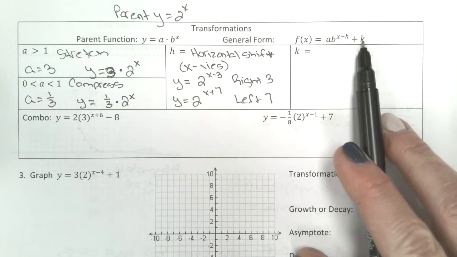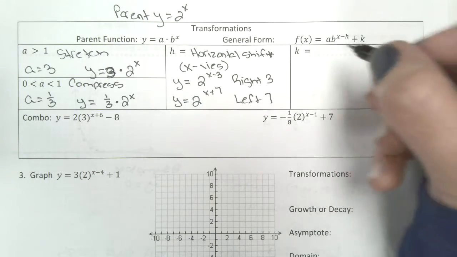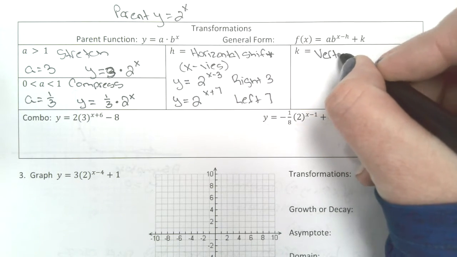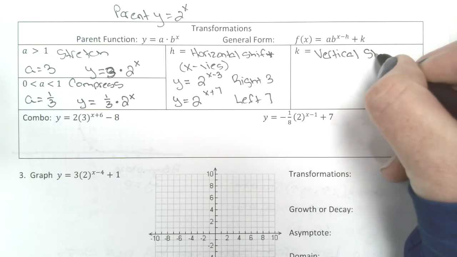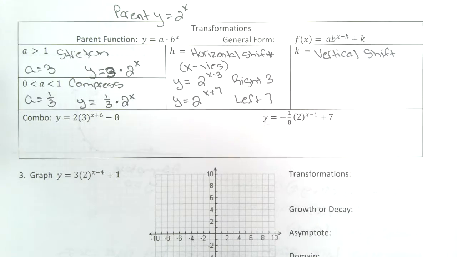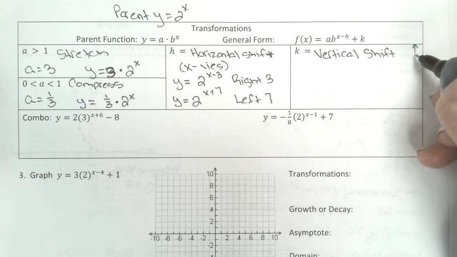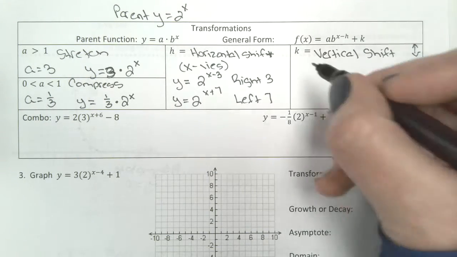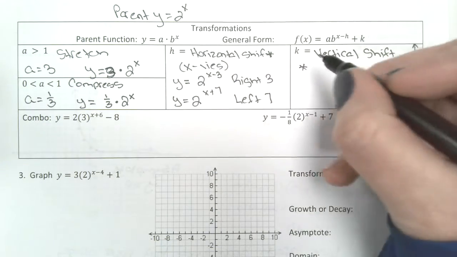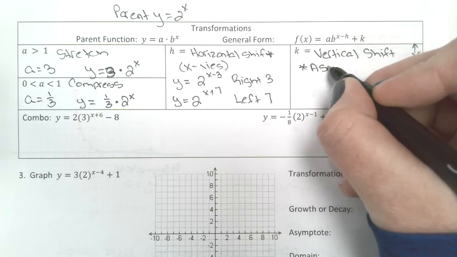The k, the number off at the end, that will tell you your vertical shift. That means how much did it move the function up and down. This number will also tell you your asymptote.